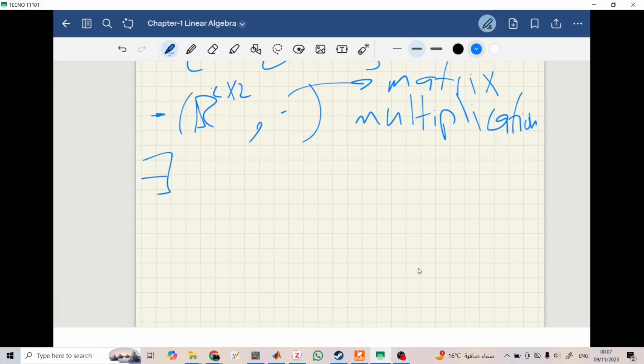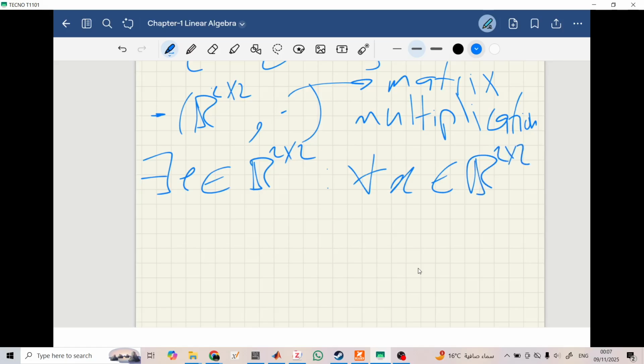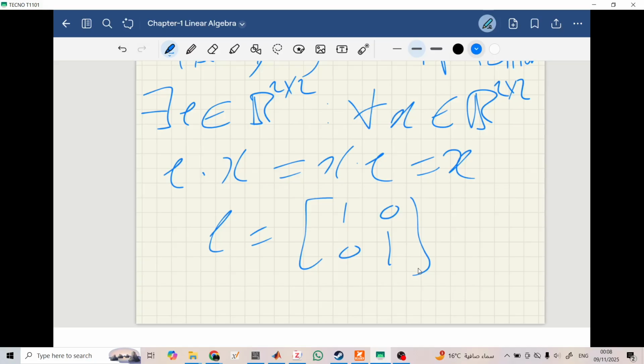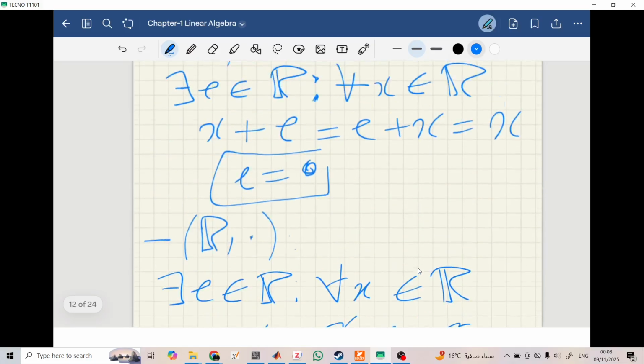There exists an element E in R 2 by 2 such that for all x in the same set, we have E dot x equals x dot E equals the same x. So what would be this element here? It's the identity matrix, right? It is I2. Okay, so this is the neutral element.